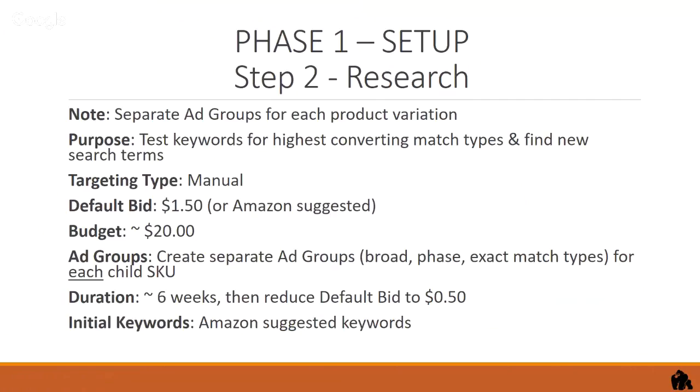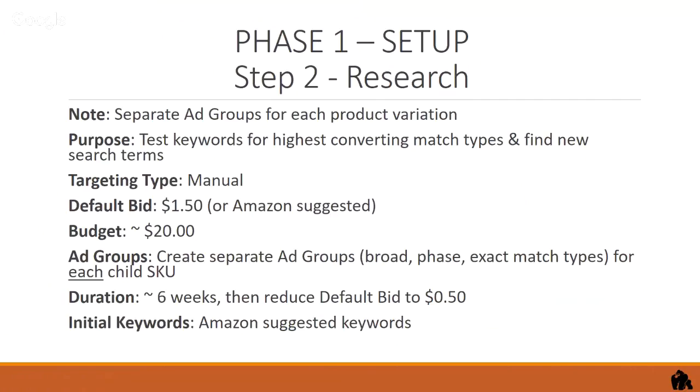The purpose of this step is to test the keywords for the highest converting match types and find new search terms that you may not be aware of. Let me read that again: test keywords for highest converting match types and find new search terms.